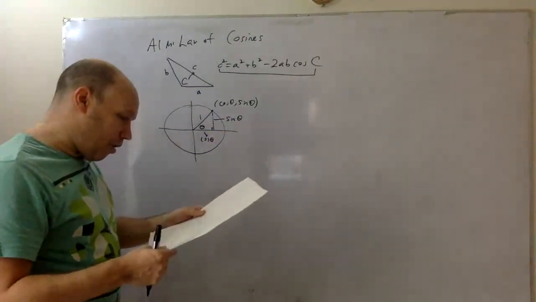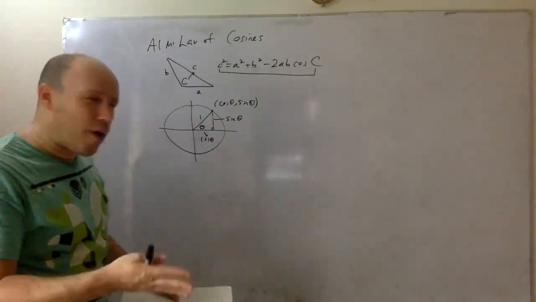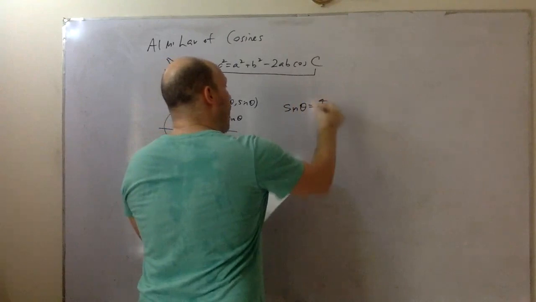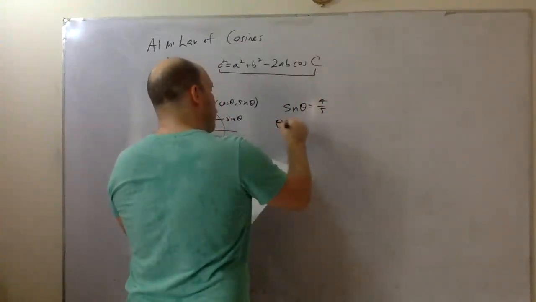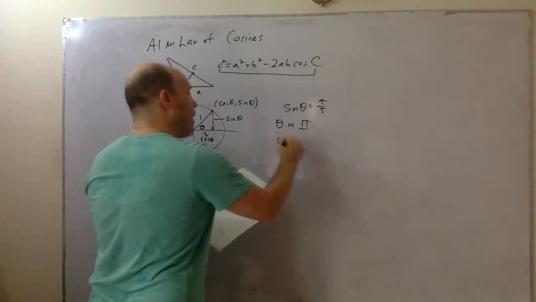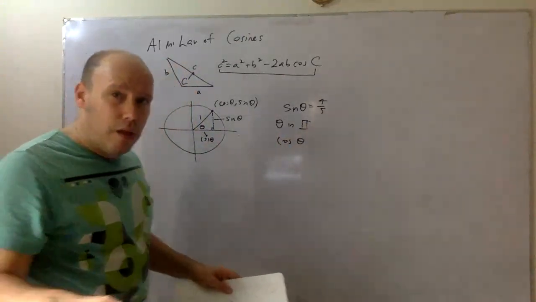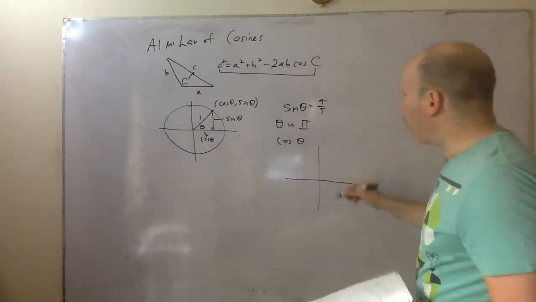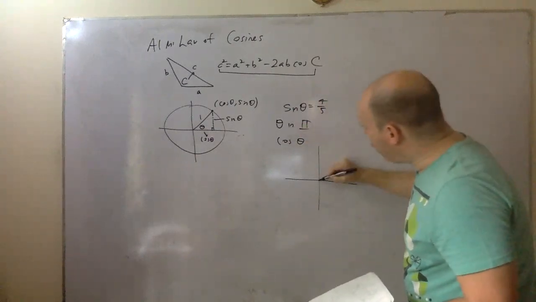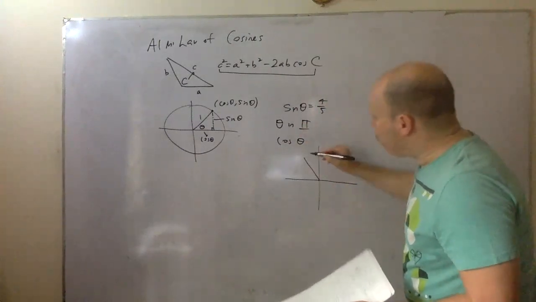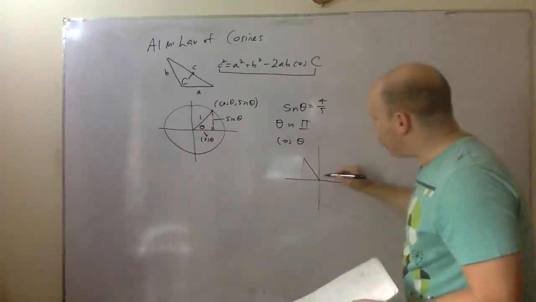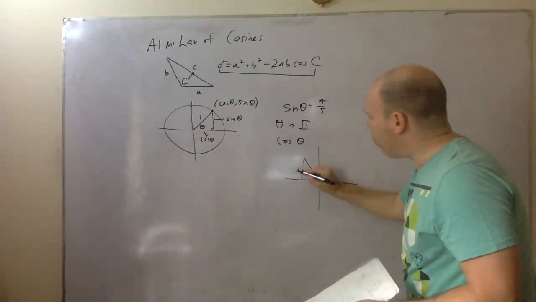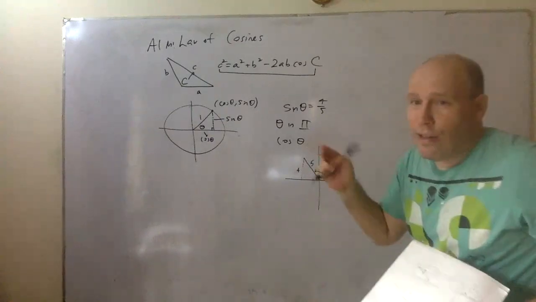But then I started dropping problems on you. I said, the sine of theta equals 4 over 5, and theta is in quadrant 2. I asked you to find cosine of theta, and you said, okay, no big deal. We make another circle, we draw the rotation in quadrant 2, and we drop the triangle here. This was a rotation of theta, and it was 4 over 5, so its opposite was 4, and this side was 5.